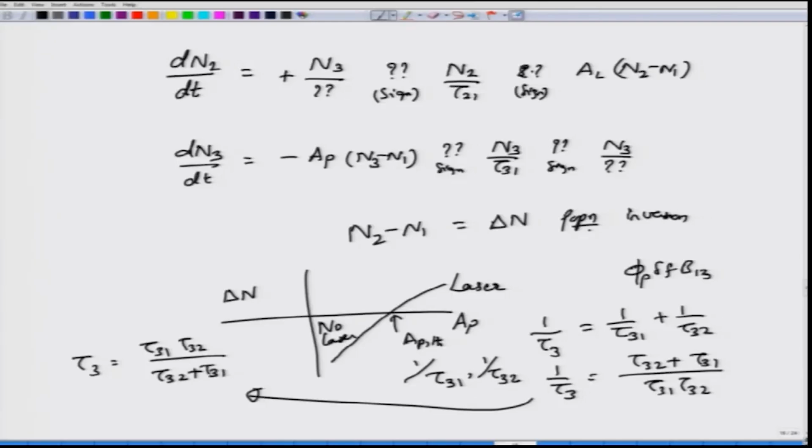Now, if you look at a typical laser, what you want is most of the atoms which are at the ground level E1 to end up in level E2. But because of absorption, atoms in E1 go to E3. Now, you have two options, right. E3 to E1 can drop down, and that characteristic time scale is about tau 31, and the characteristic time scale from 3 to 2 is tau 32.